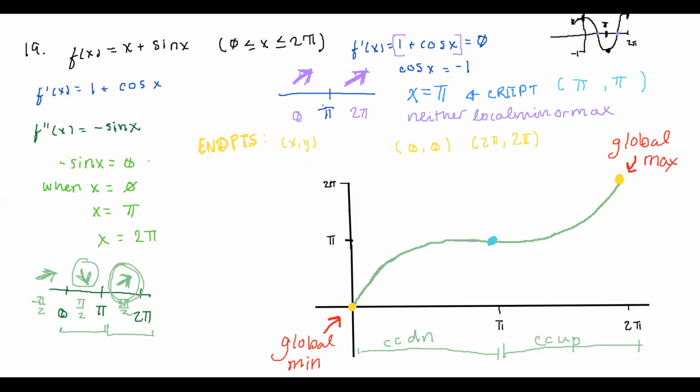I don't have any. All right. So that is the graph of x plus sine x between 0 and 2 pi. And we just built that by checking all of these different things.